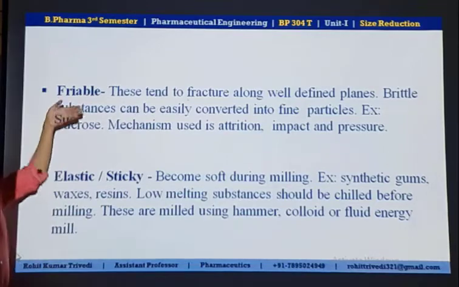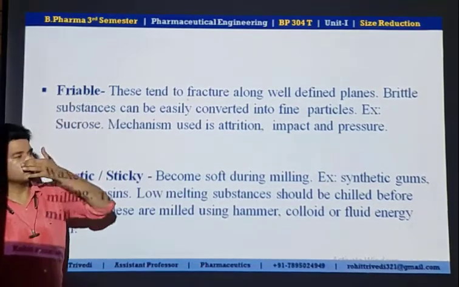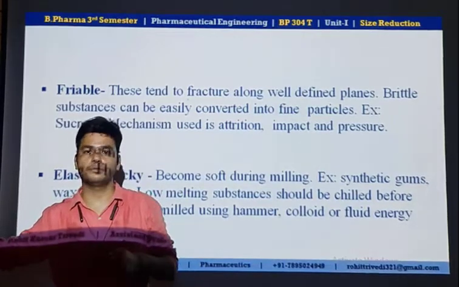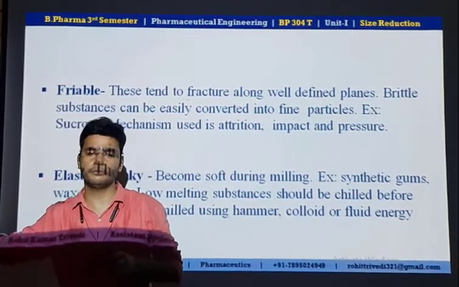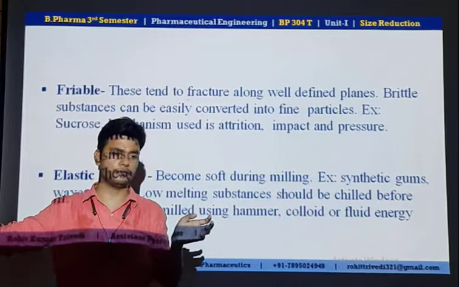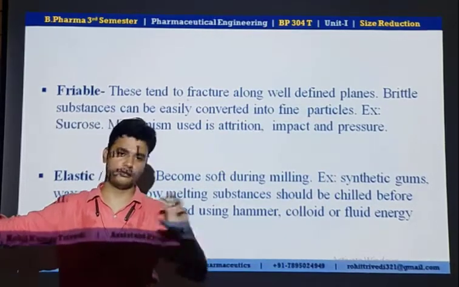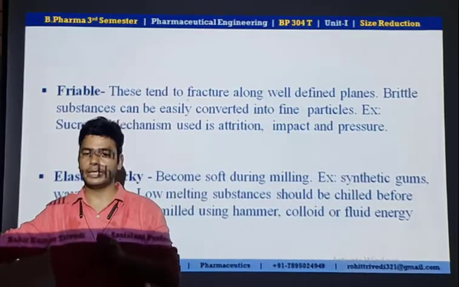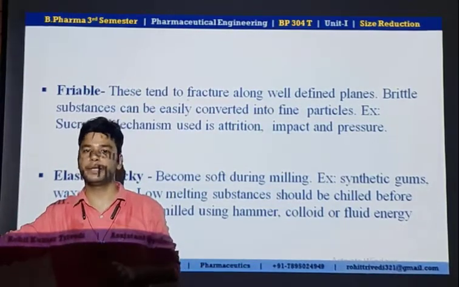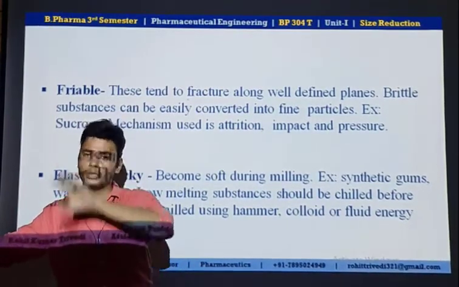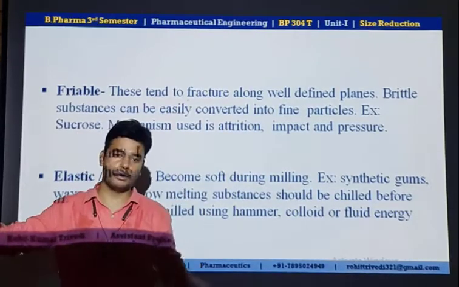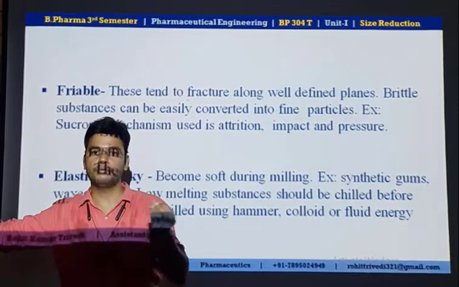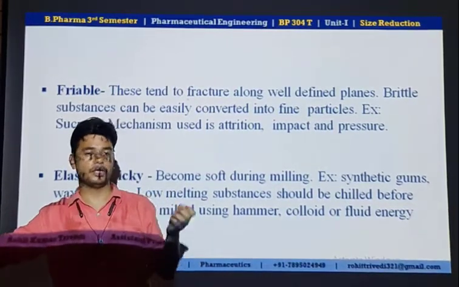Now, moving further, the friable. Basically, a few substances have higher friability. Friability is when we are transporting one material from one place to another, or operating that particular material in a machinery for reducing its particle size, a few small size particles may fall off from the surface of that solid material. You can see the example of a simple chalk. In chalk, what happens?